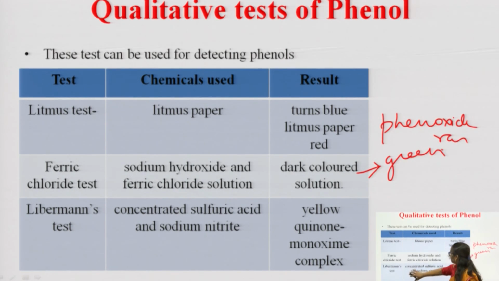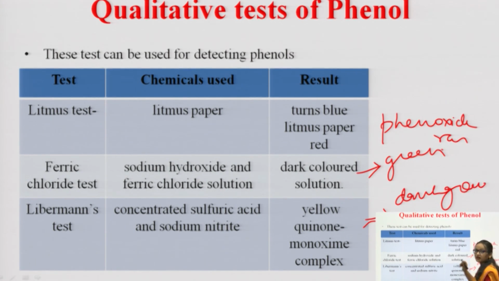When it is treated with concentrated sulfuric acid and sodium nitrite, the name of the test is the Liebermann test. Actually this color is dark green, but when it is diluted, it changes to yellow color.